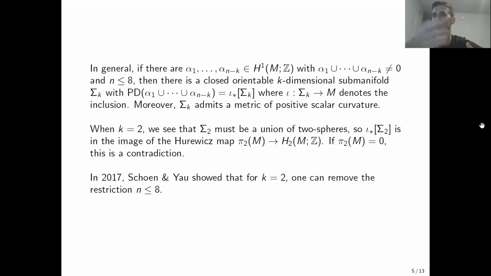Then again, you can apply the characterization of which surfaces have positive scalar curvature. So they were able to use that to show that all tori do not admit metrics of positive scalar curvature. This was also shown by Gromov and Lawson much earlier, at a similar time to Schoen-Yau's initial paper, using Dirac operator methods. So when k is equal to 2, you can get rid of the n less than or equal to 8 restriction.